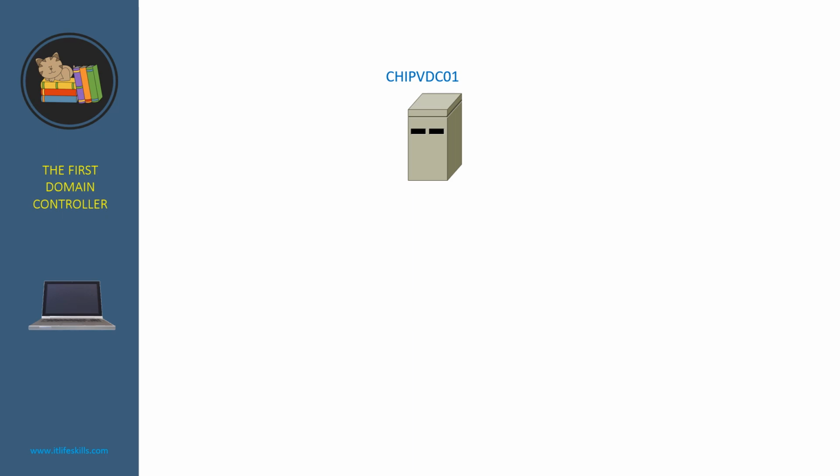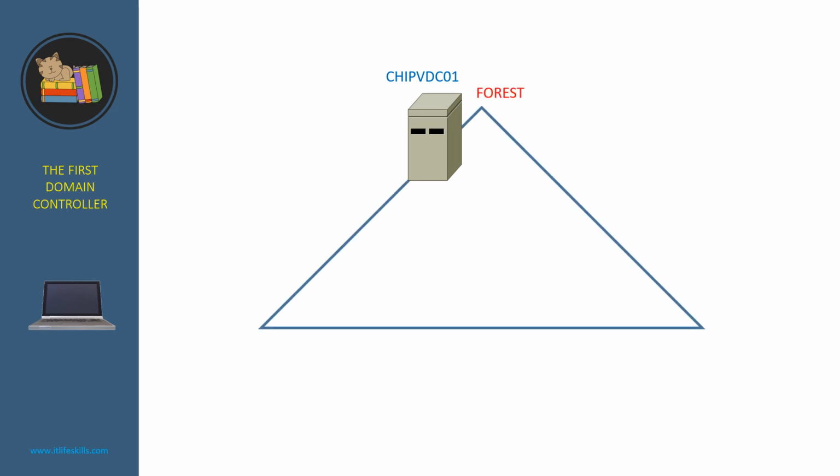Let's learn about the first domain controller in an AD forest. As you know, initially we have a standalone server GPVDC01 and we promoted it to the first domain controller in the AD forest with the root domain itlifeskills.local.